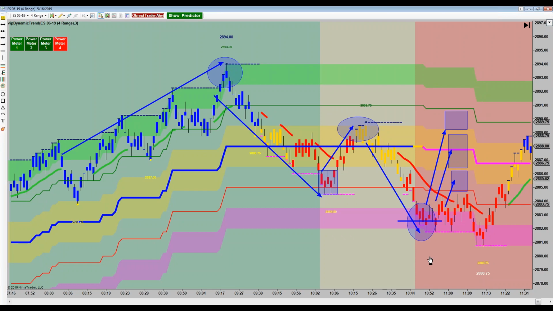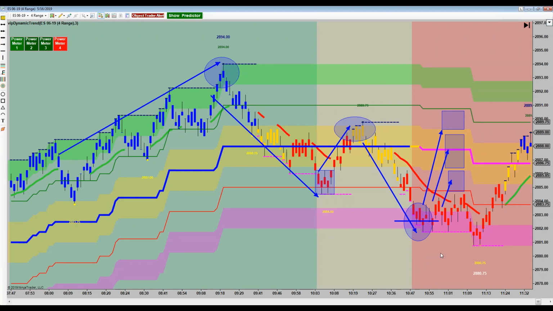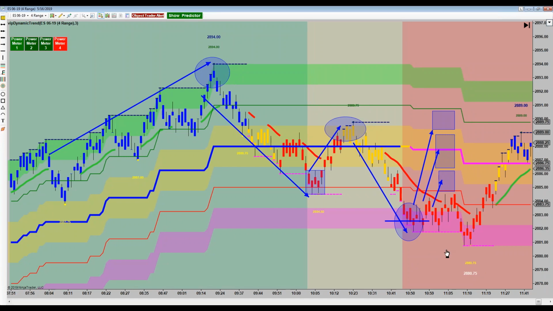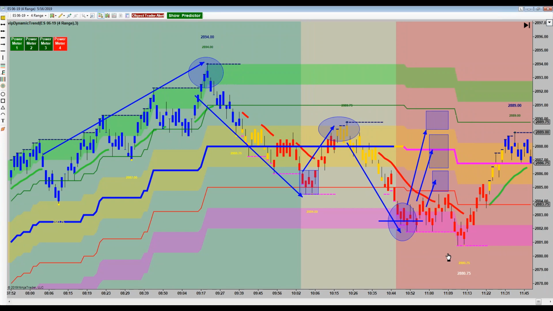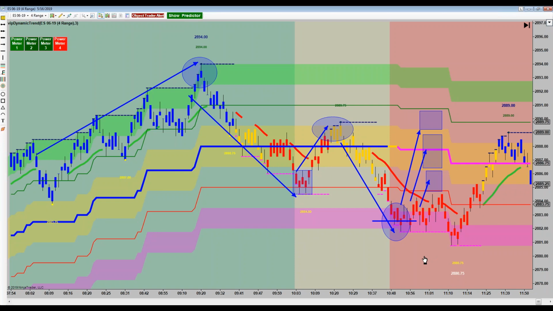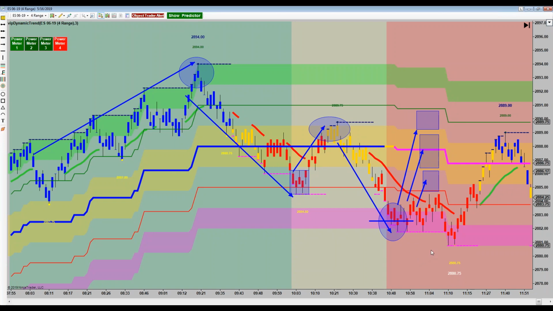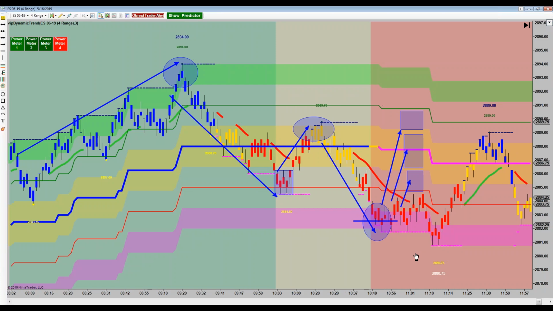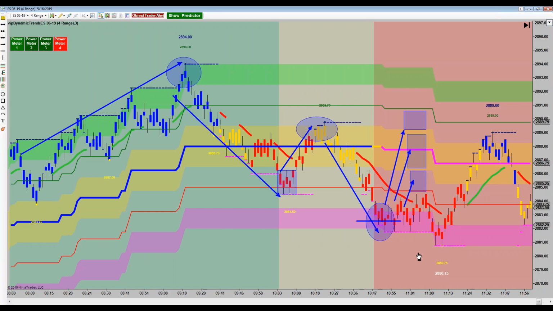Looking for short entries on ES, recreating the bars as if they occurred in real time. There's 11:40. We're typing in an S when we believe the short trade entry is upon us. Okay. There's 11:47. There's 11:51. We're coming up on noon, an hour to the close. Okay, I'm going to stop it right there.